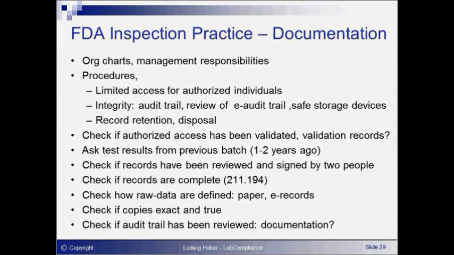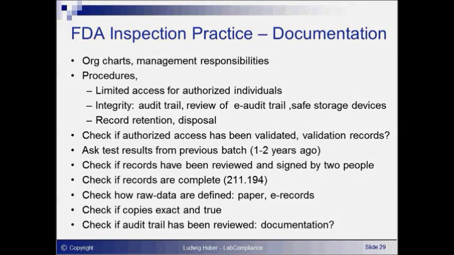First of all, I would like to guide you through an FDA inspection, especially which type of documentation inspectors want to see. The documentation includes org charts, management responsibilities, and SOPs, which are important. They will ask for SOPs when they come in.